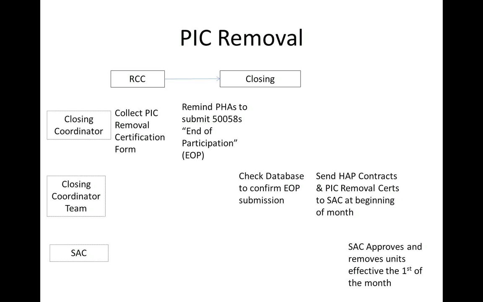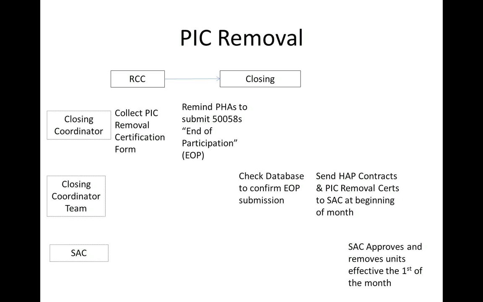This is the piece that Bev and I will still work out a little bit, but there'll be a role for our team to check a database that PIH has provided to us to confirm that the EOPs have been completed.